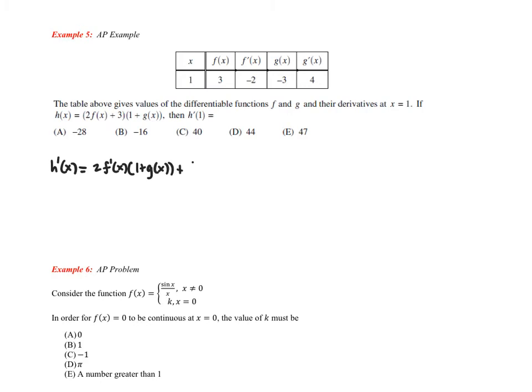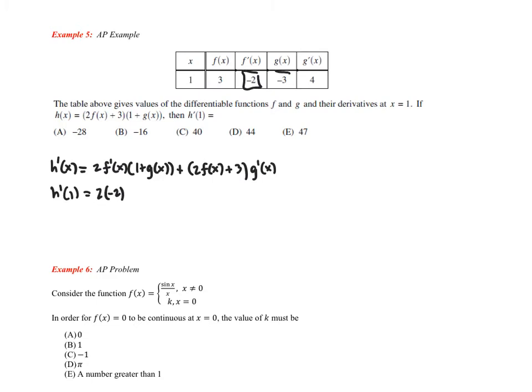plus the first function left alone, times the derivative of the second, which would just be g prime at x. So h prime at 1 will equal 2 times f prime at 1. That'll be 2 times negative 2 times 1 plus g at 1.